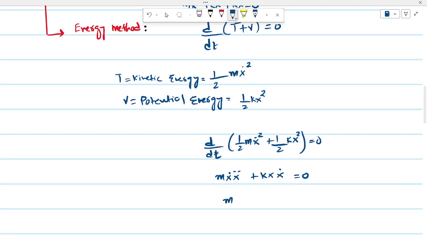You can take out the x dot from here, and it becomes m x double dot plus k x equals 0, because the system is without damping.